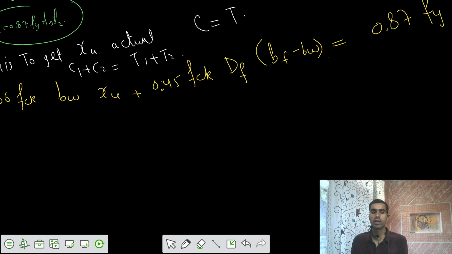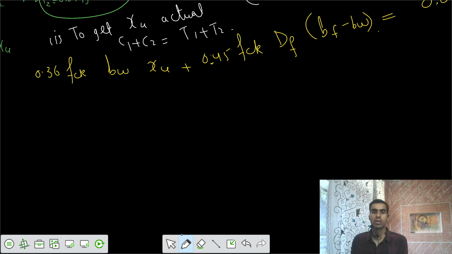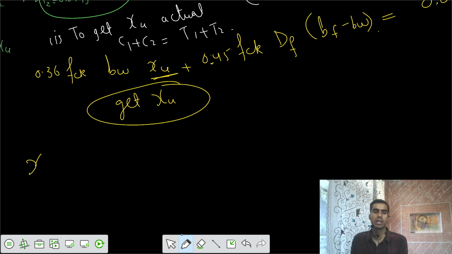Equating it, I can get the location of the neutral axis. Once you get the location of XU, then you can have XU limiting also, and we should ensure that XU limiting should be more than XU actual.